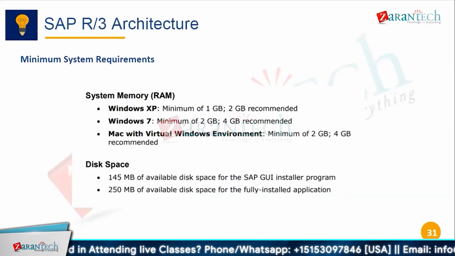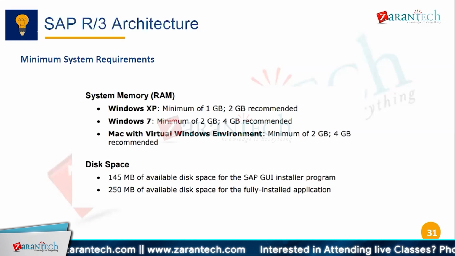Now, running SAP on your system. We are not talking here about the SAP software. We are talking about accessing SAP when the SAP system is stored somewhere else. If you are on Windows XP, you need a minimum of 1 GB RAM; 2 GB is recommended.